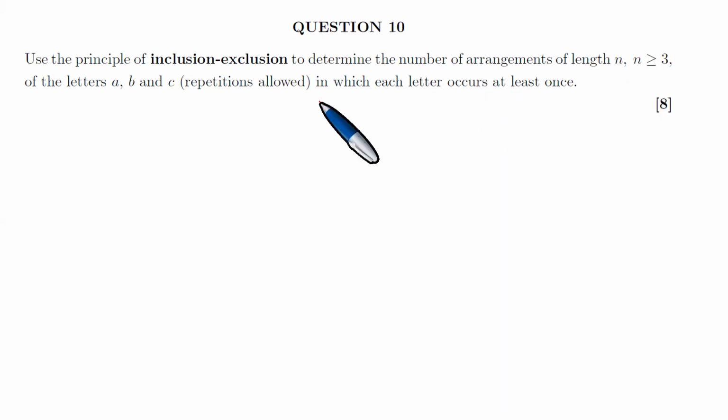We are looking at the number of arrangements of the letters in which each letter occurs at least once. 8 marks. If you get this one, you already passed the exam. It's a lot of marks, but there's a bit more work there. This one uses a wide range of methods, but we start as follows.